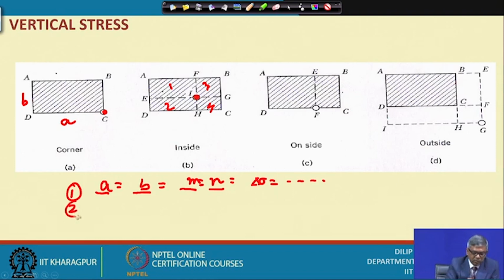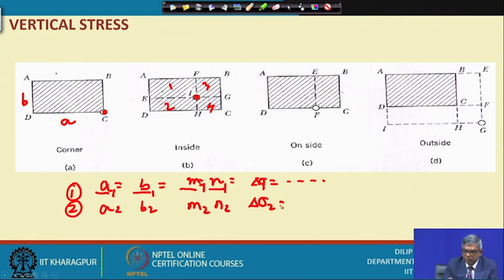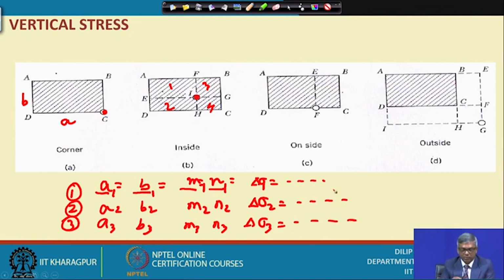Similarly, I will take footing 2: A 2, B 2, similarly M 2, N 2, and delta sigma 2 by using the formula. I will denote A 1, B 1, M 1, N 1 and delta sigma 1 likewise. Similarly, I will take footing 3, this one: what is A 3, B 3, M 3, N 3, and delta sigma 3 from the corner formula.